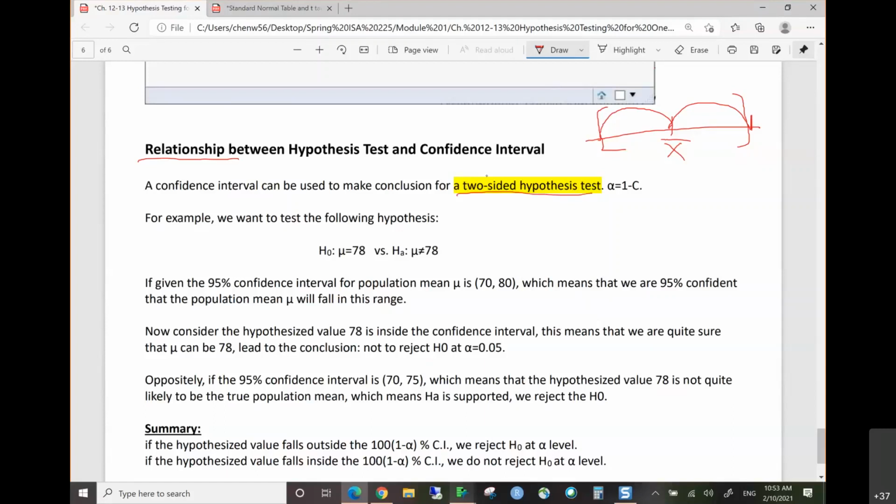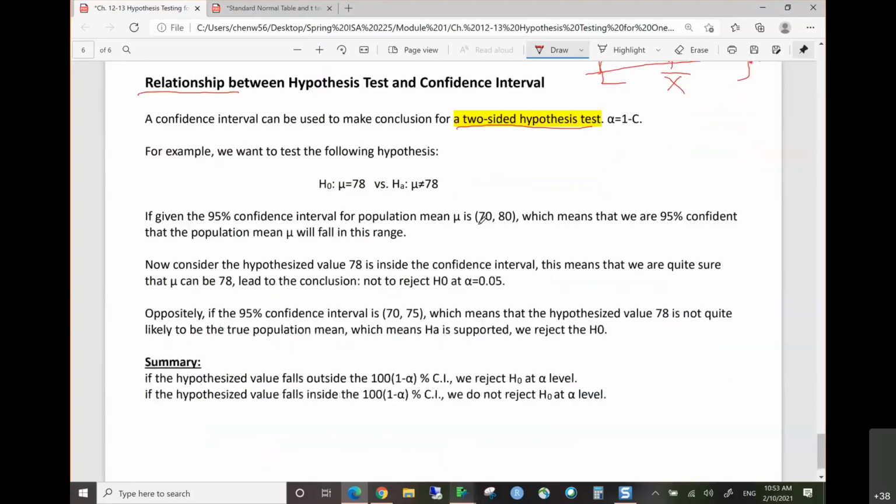Because both of these two are two-tailed. So for example, if I want to do the hypothesis test about mu equals 78 versus the alternative hypothesis mu not equal to 78, that means I just want to know whether the population mean is 78 or not 78, right?